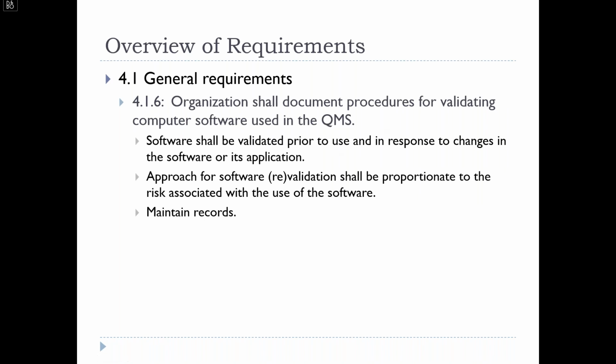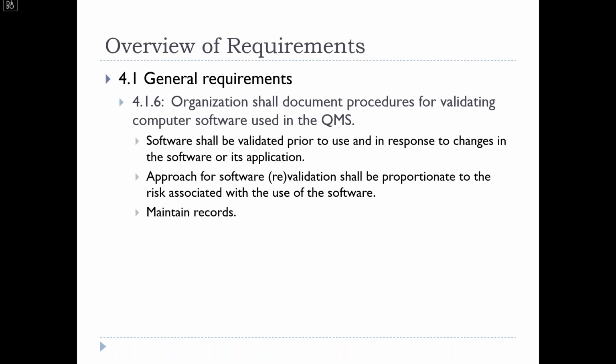4.1.6 talks about procedures for validating computer software used in the quality management system. So software needs to be validated prior to use, and if there's any changes in the software or its application, and the extent of revalidation shall be proportionate to the risk associated with use of the software.